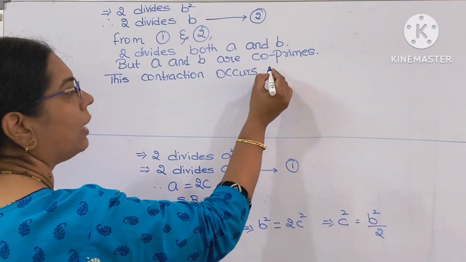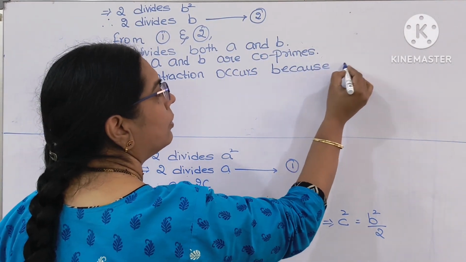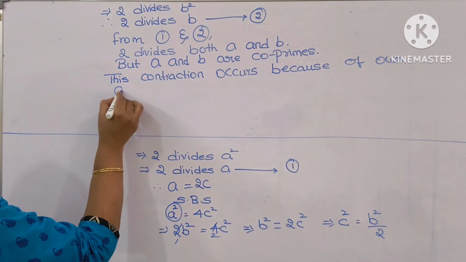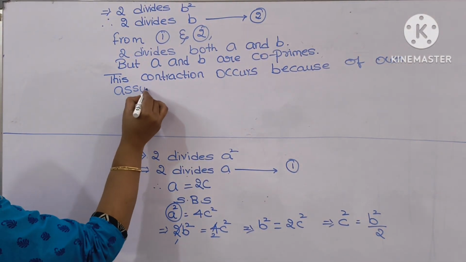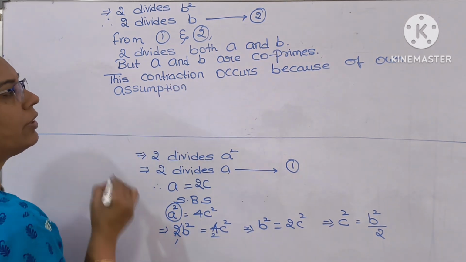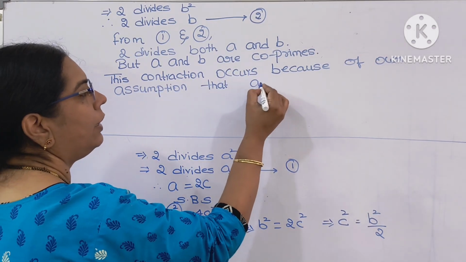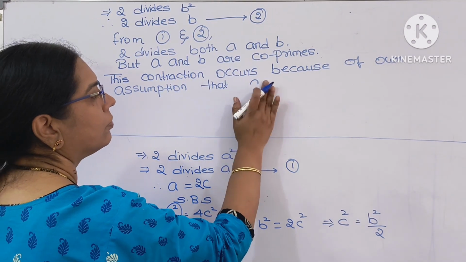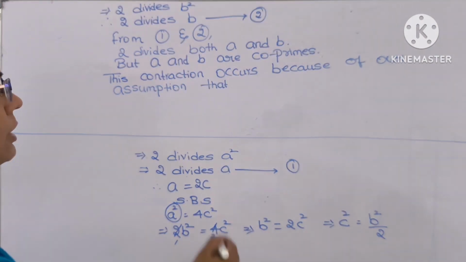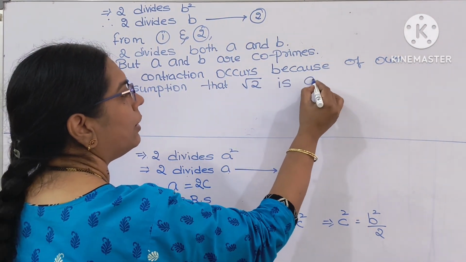This contradiction occurs because of our assumption that root 2 is a rational number.